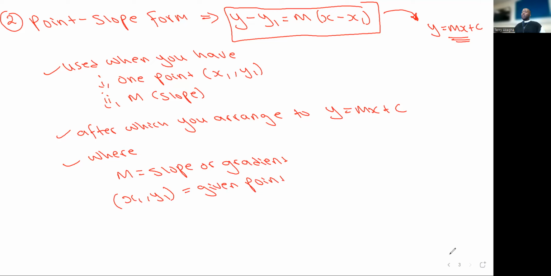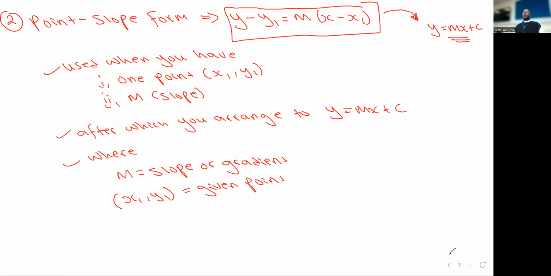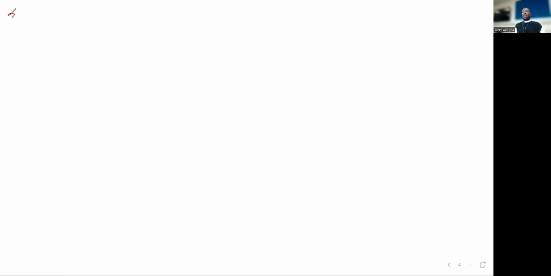Now we're done with the 2. We've talked about the point slope form and the slope-intercept form. Now the third one we'll talk about is what we call the 2-point form.